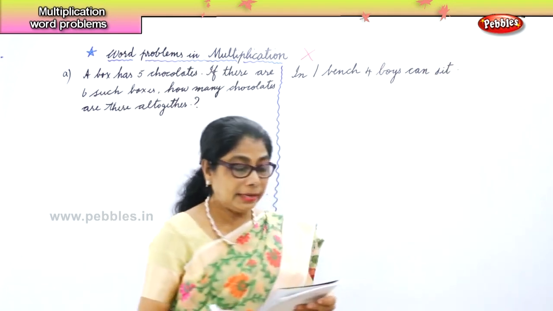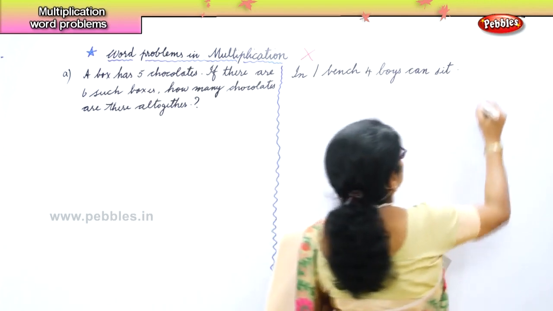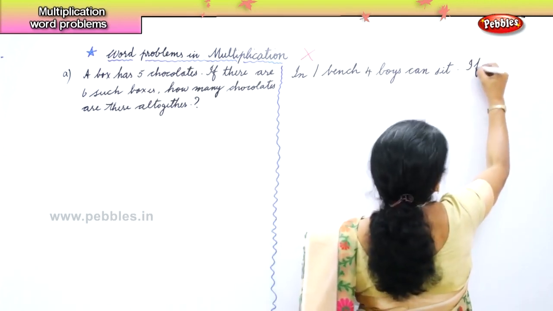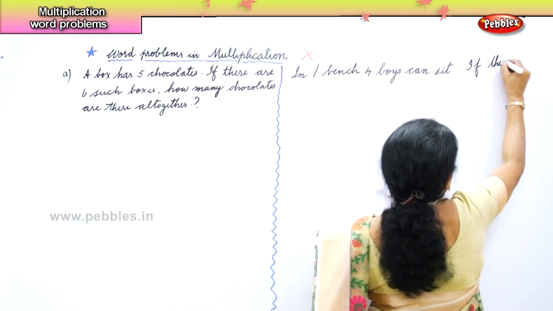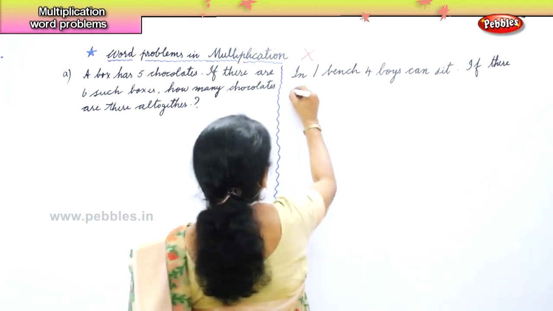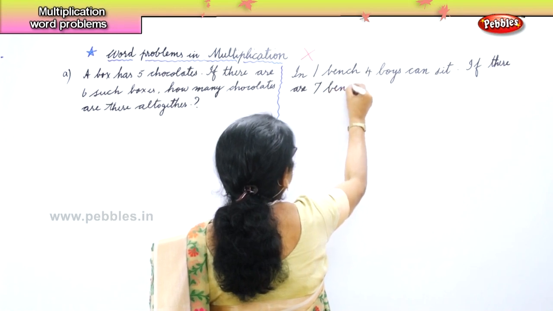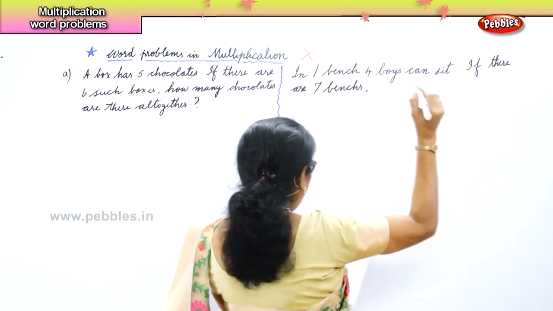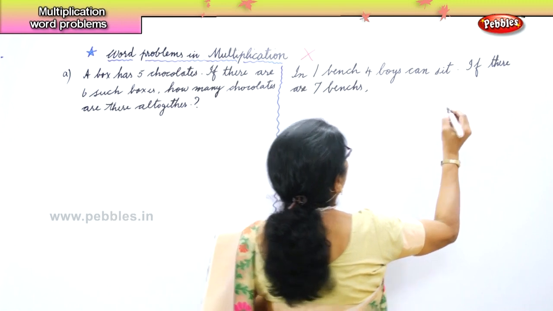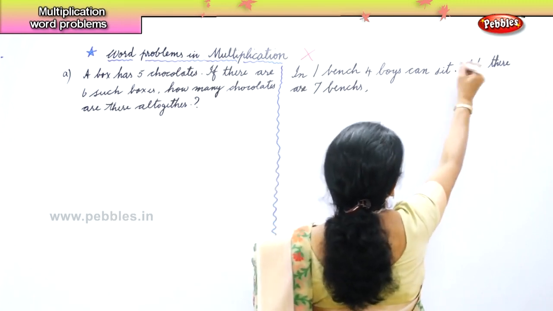Alright? And if there are 7 benches, how many boys are there altogether?